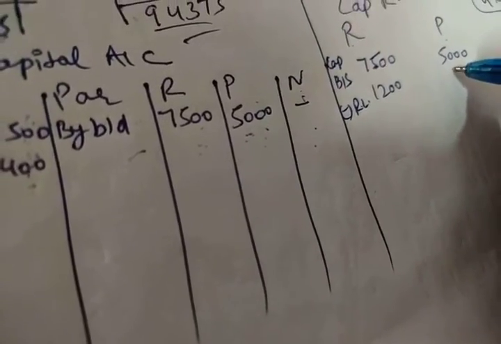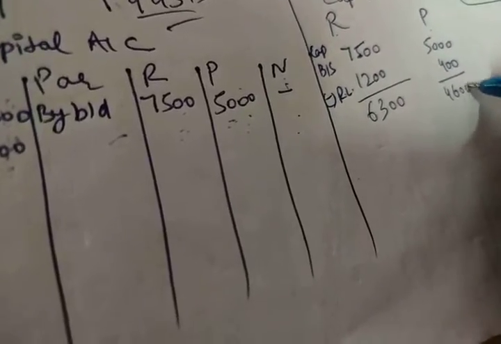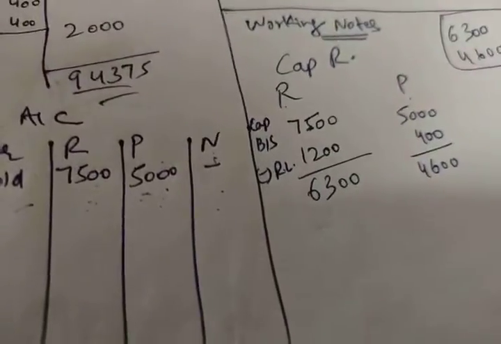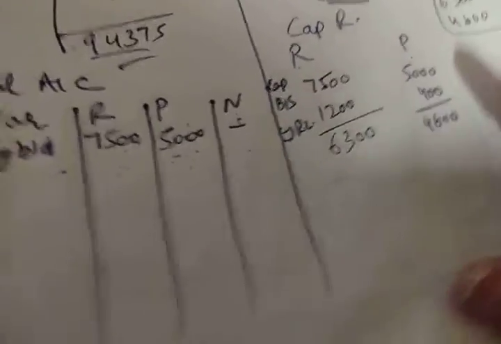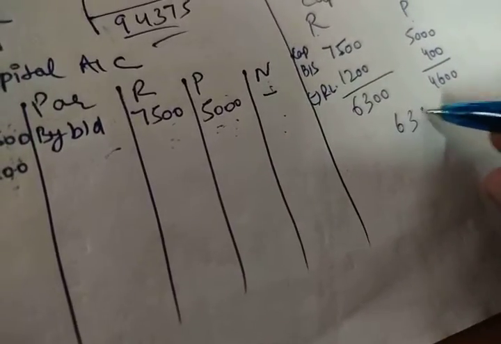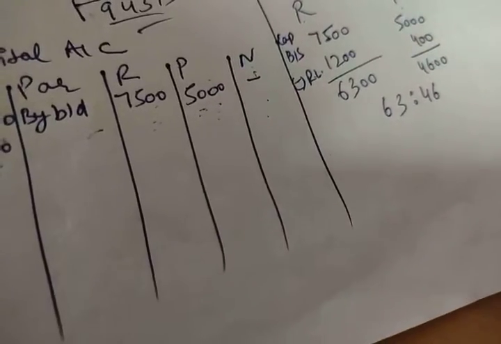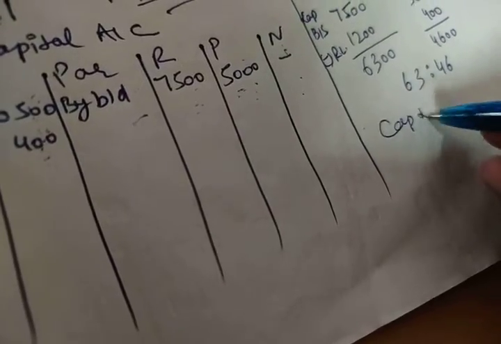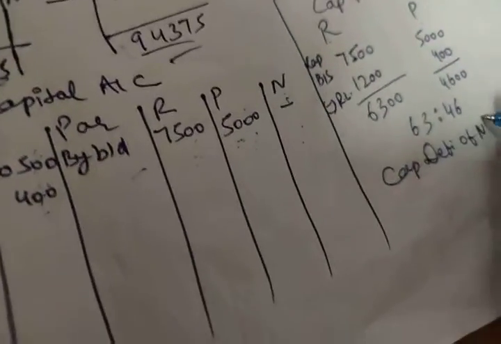Now realization loss, R had 1,200 and P had 400. So they are left with the capital on dissolution of 6,300 and 4,600, and we have to calculate the ratio between these two, which we get as 63:46. And the capital deficiency of N, that was 10,900, we have to distribute among R and P in the ratio of 63:46.